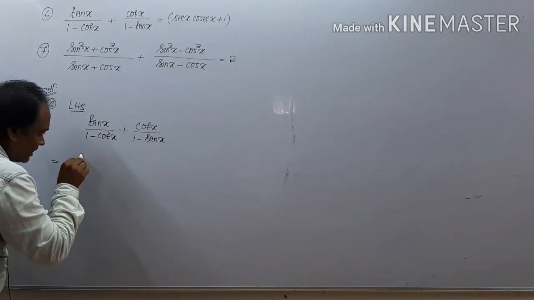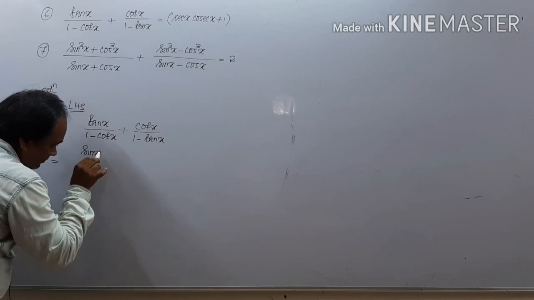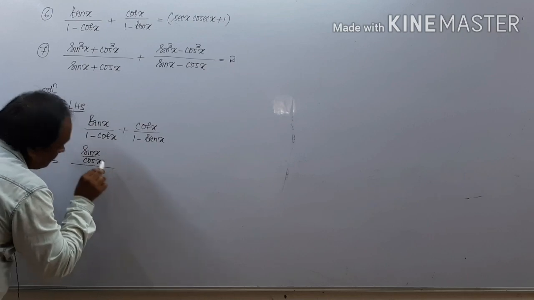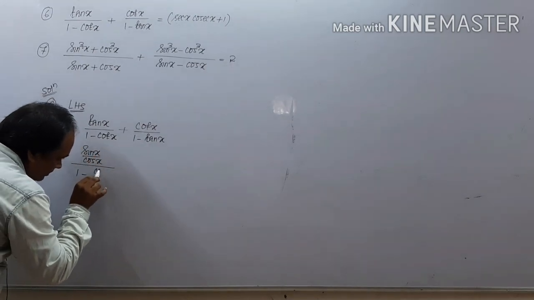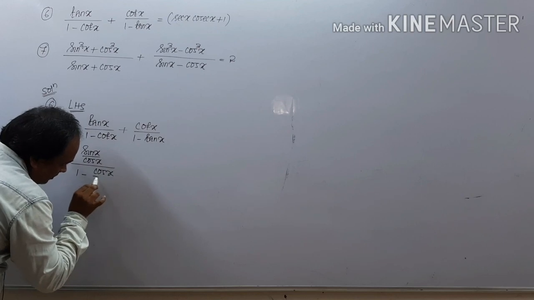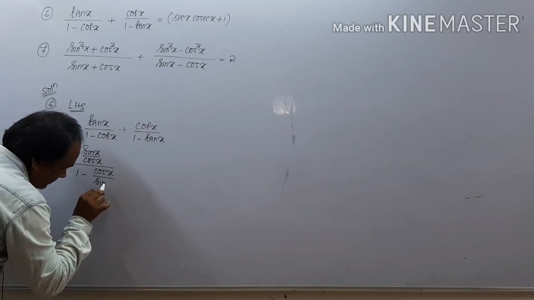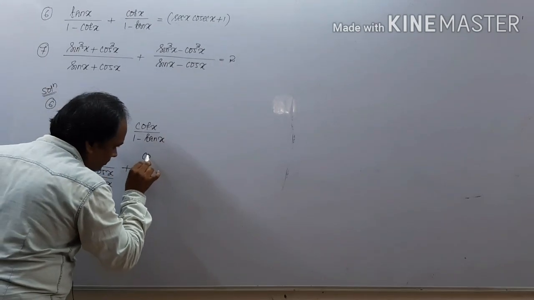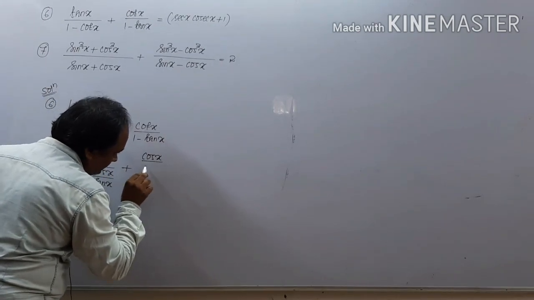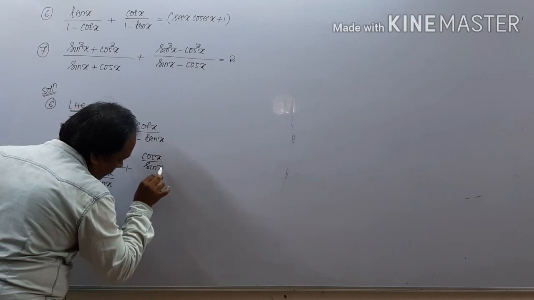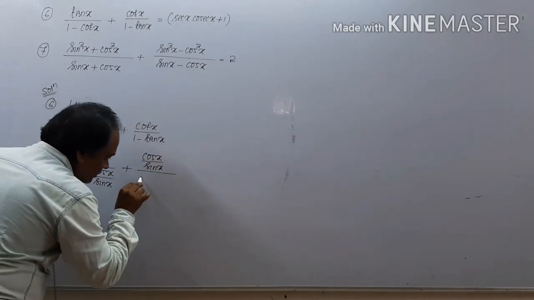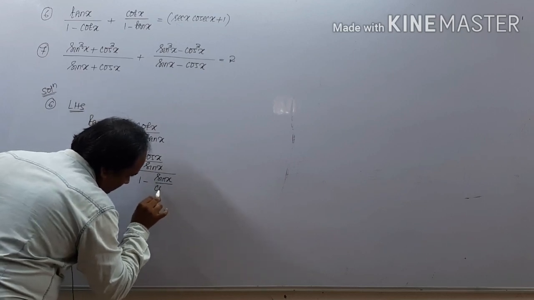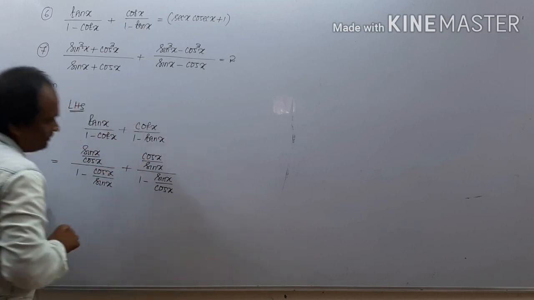So tan x can be written as sin x by cos x divided by, this is 1 minus cos x by sin x, right? Plus similarly here cot x is equal to cos x by sin x whole divided by, this is 1 minus sin x by cos x.